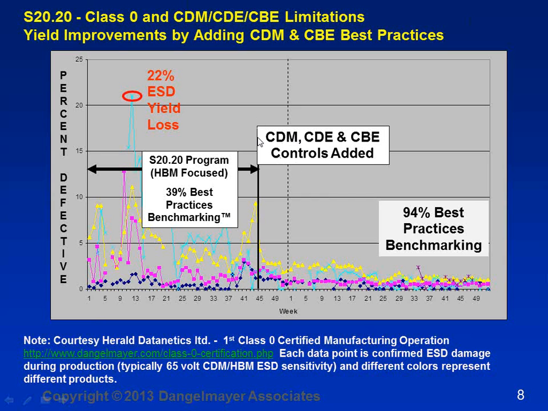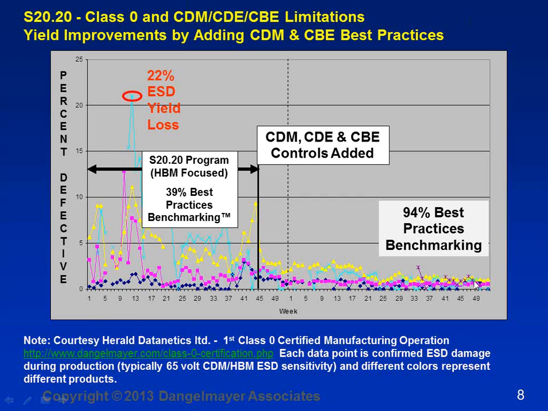Those controls were phased in quite swiftly, and over just a couple of weeks, you can see that their yields improved dramatically, stabilized at a much lower level, and as they improved their program, their benchmarking score improved, and they now enjoy almost 97% yields.